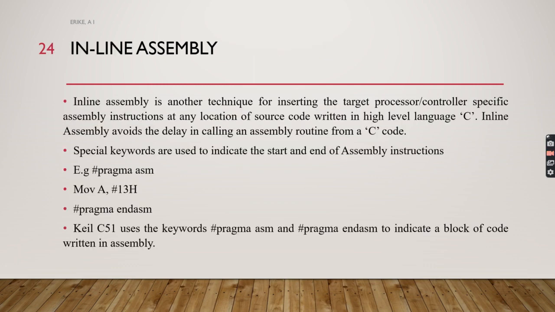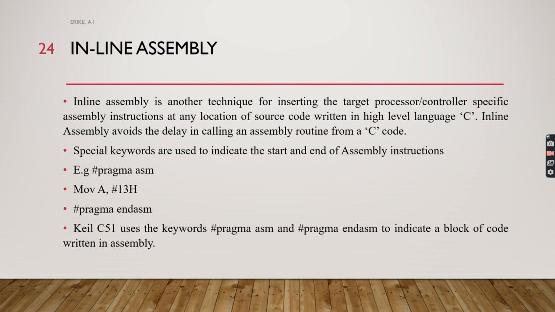Okay. So finally, we talk about inline assembly. Inline assembly is another technique for inserting target controller specific assembly instructions at any location of source code written in the high level language C. Inline assembly will avoid the delay in calling an assembly routine from C code.